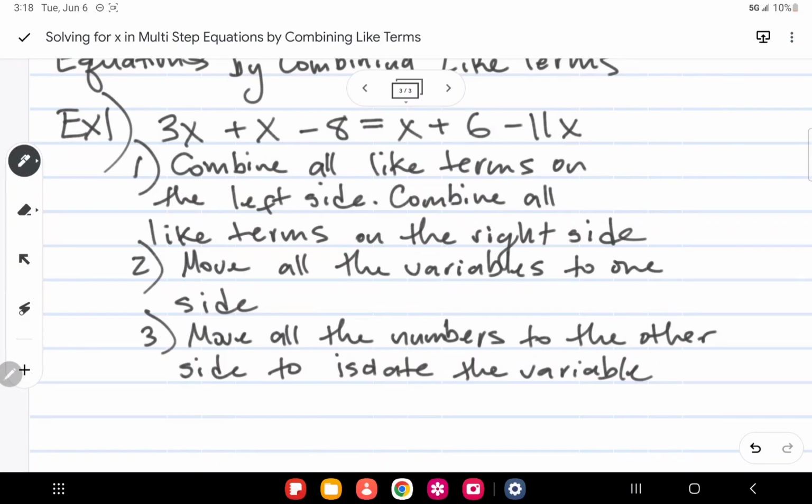Okay, so the new thing here is the first step. Step 2 to 3, that is just similar. That's very similar to solving for x in multi-step equations.